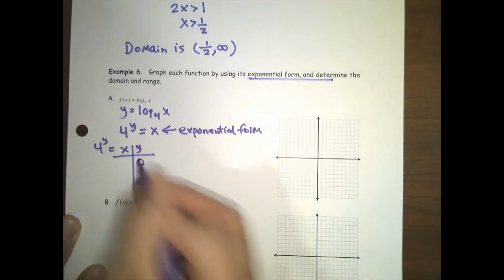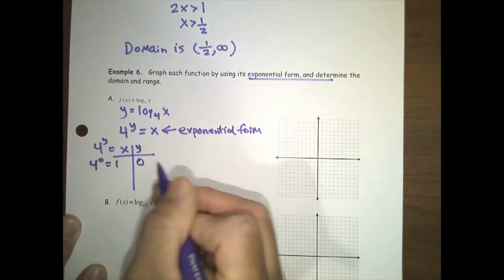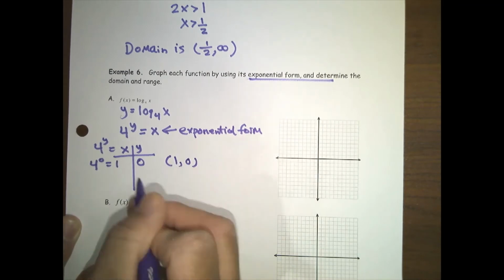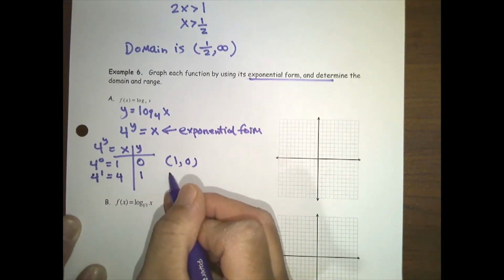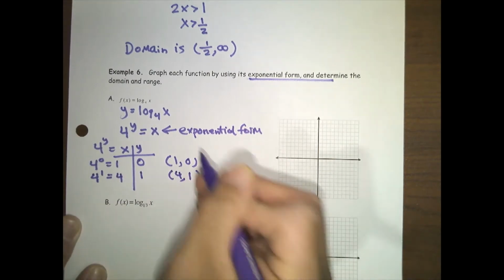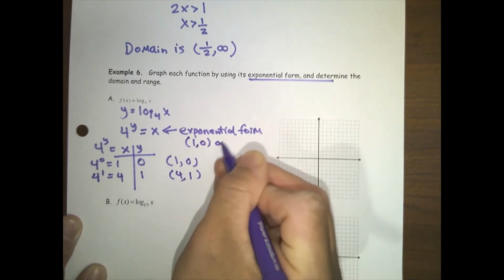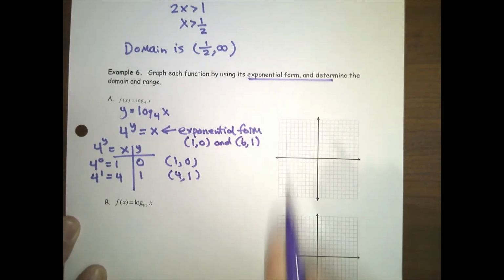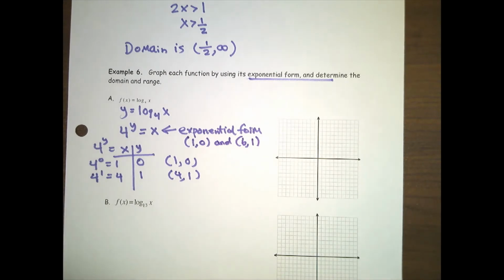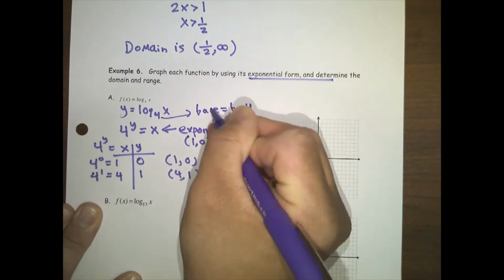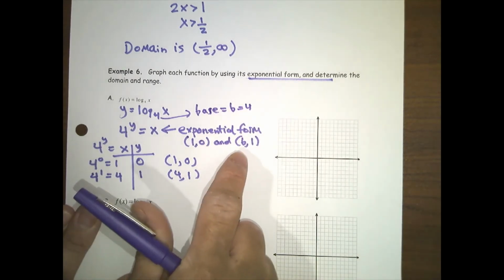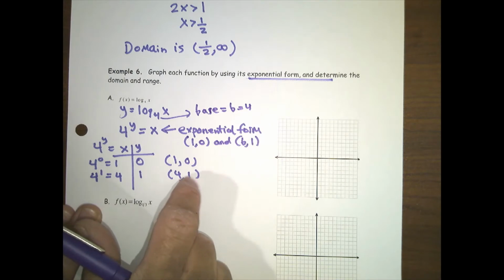If y is 0, 4 to 0 is 1, so there's a point at (1, 0). If y is 1, 4 to the 1 is 4, so that is (4, 1). Remember I said that (1, 0) and (b, 1) were points on the logarithmic function's graph, and in this case the base was 4, so this makes sense.